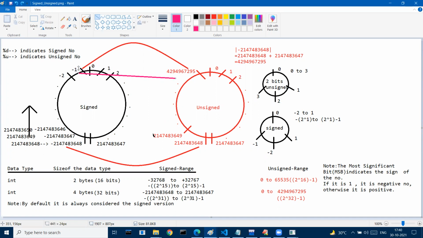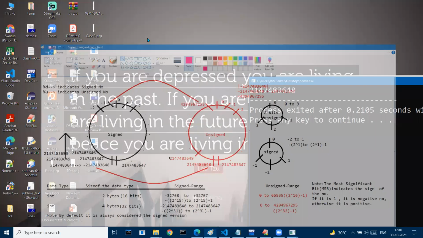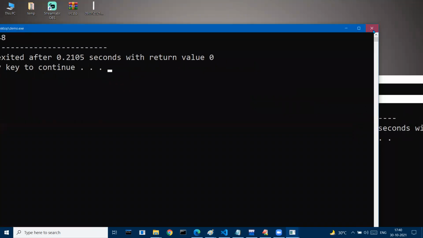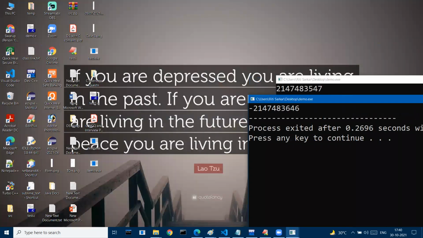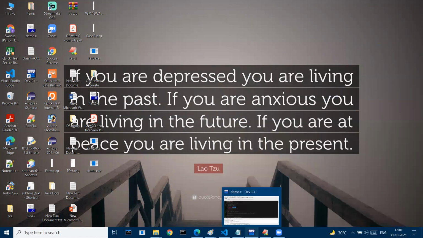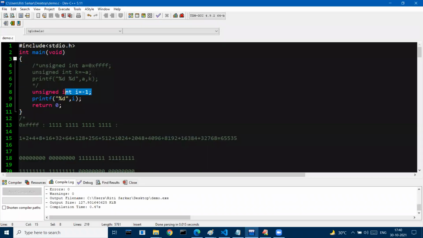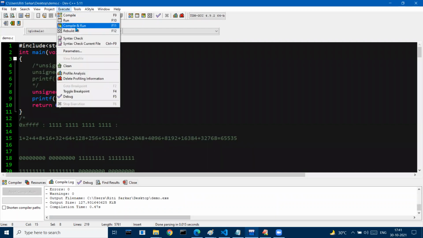Then it will print this like a signed number. If it is printing like a signed number, minus 1 should come, na, guys? Minus 1 should come only. Execute, compile, and run.